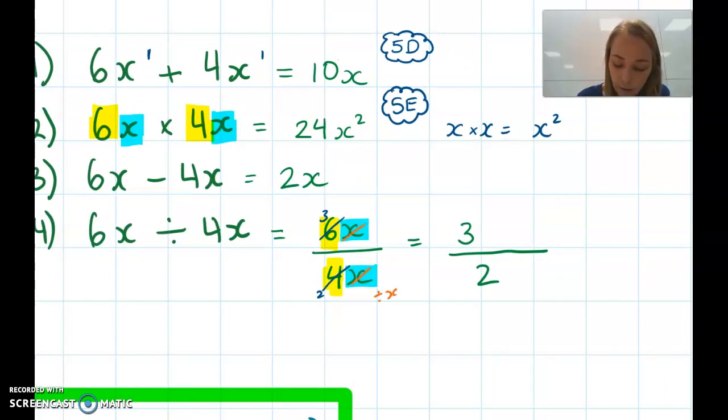So we divide by x on the top, divide by x on the bottom, and we're left with 1 and 1. So what's actually going to happen is we've got 3 from the number times 1 and 2 times 1, which we can just write as 3 over 2 as a simplified fraction. Okay, so that fourth one, 6x over 4x, is 3 over 2. If you feel confident with those 4 warm-up questions, then you're ready to go for today's lesson.